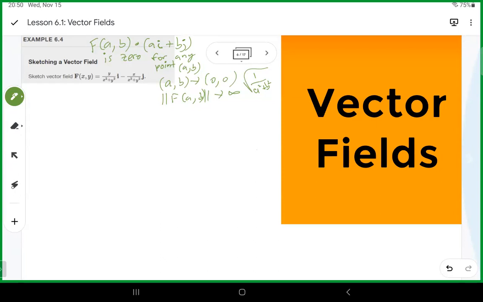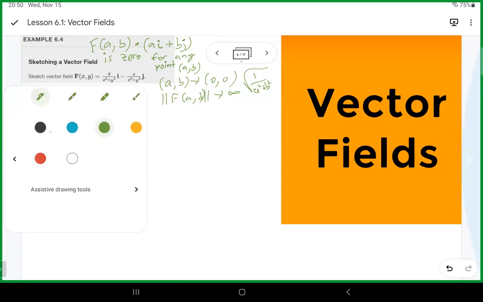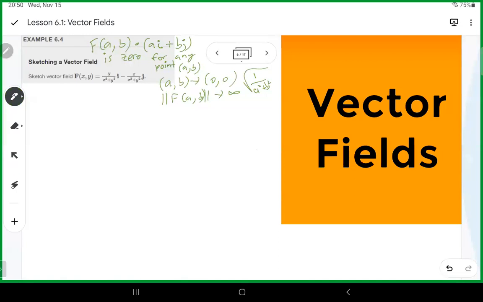This vector field looks similar to the vector field in example 2. But in this case, the magnitudes of the vectors close to the origin are large.